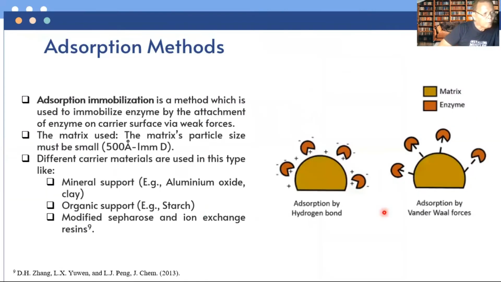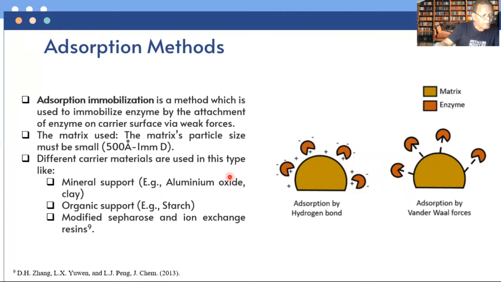Now let's move to the adsorption method. Adsorption immobilization is a method used to immobilize an enzyme by attaching it to a carrier surface via weak forces.